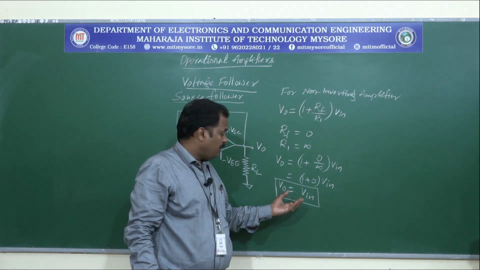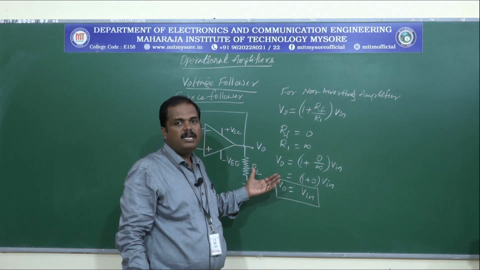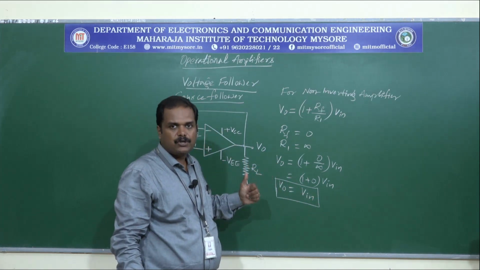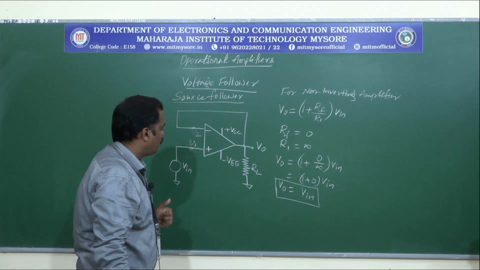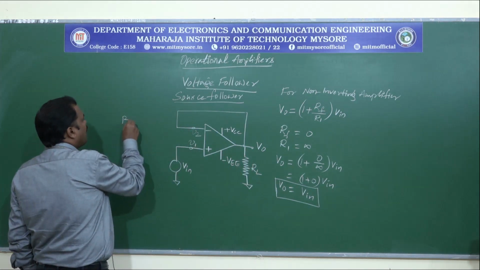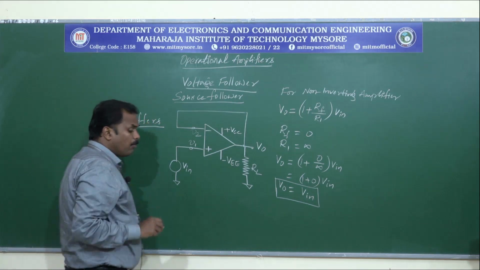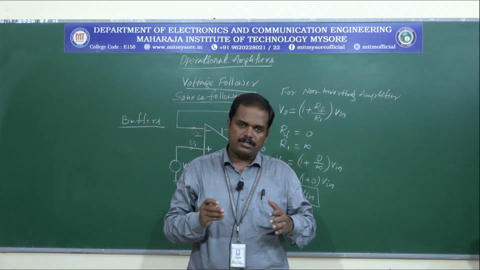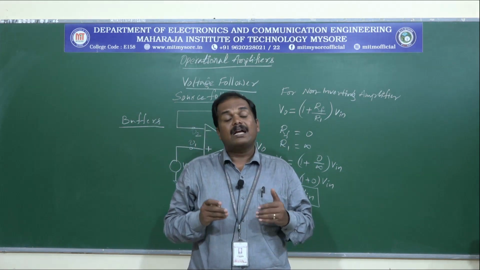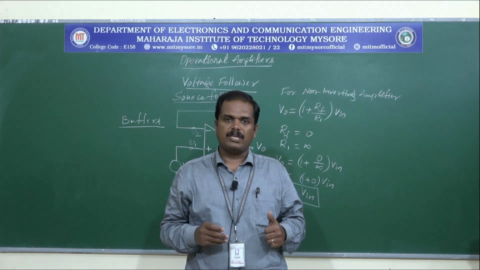So the question may be, if the output is going to be same as input, what is the usage or application of this? Mainly the source follower or the voltage follower will be used as buffers. Buffers are used as isolation circuits, and for current amplification purposes.